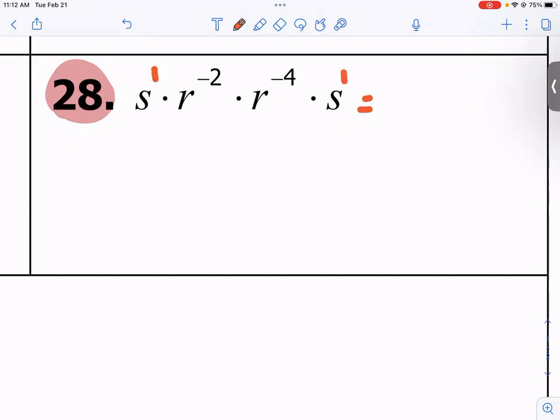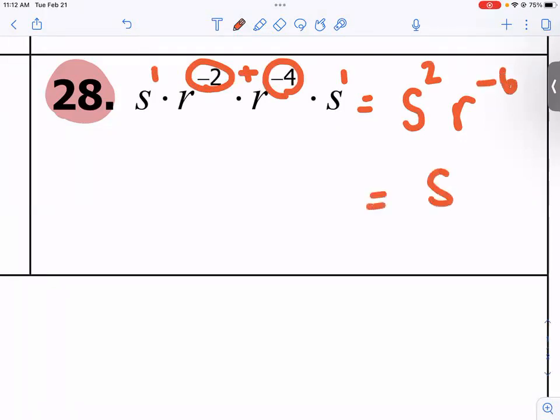S, sorry, is it x? So this would be s to the what power? 2nd. Okay, and then Arislin, will you help me? If we take -2 plus -4, what is that? -6. So I want this answer to look like this: s squared over r to the 6th.